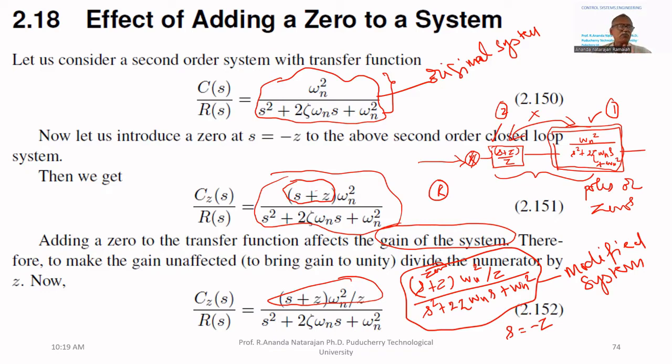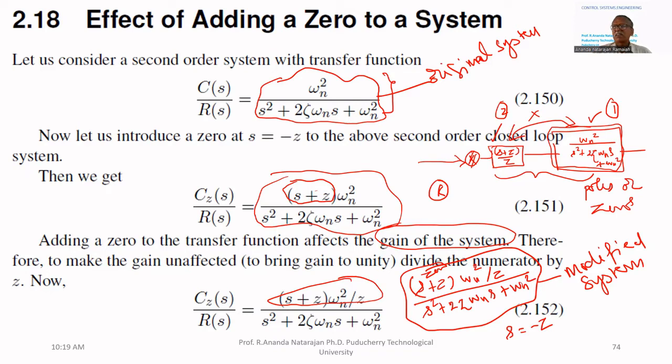All the poles must be in the left hand side. In other words, the real parts of the poles must be negative. Then automatically it will be in the left hand side of the s-plane. Definitely the system will be stable.